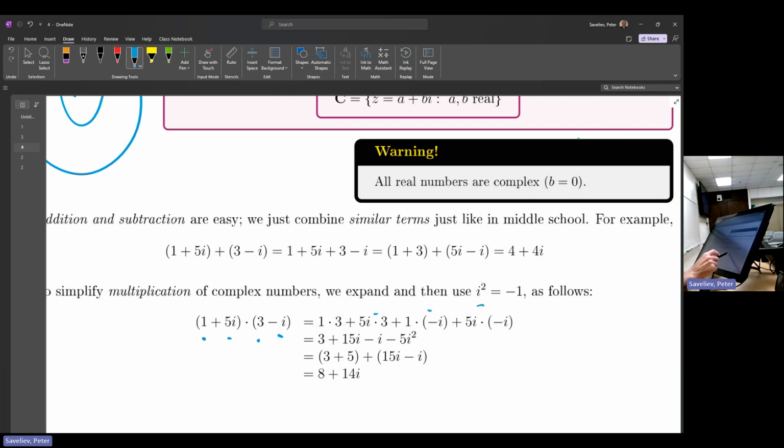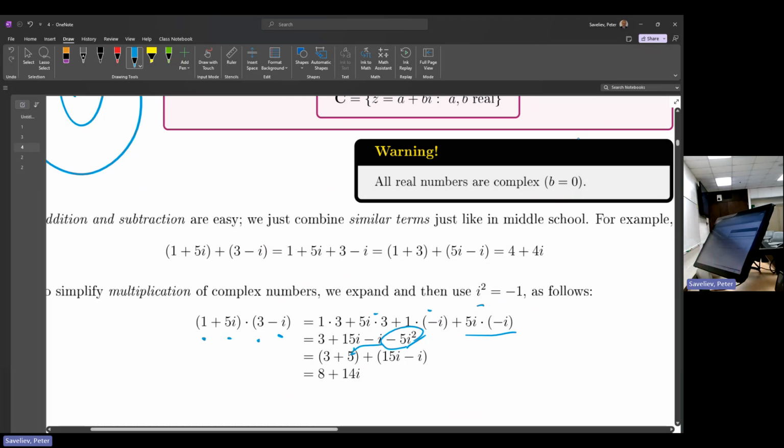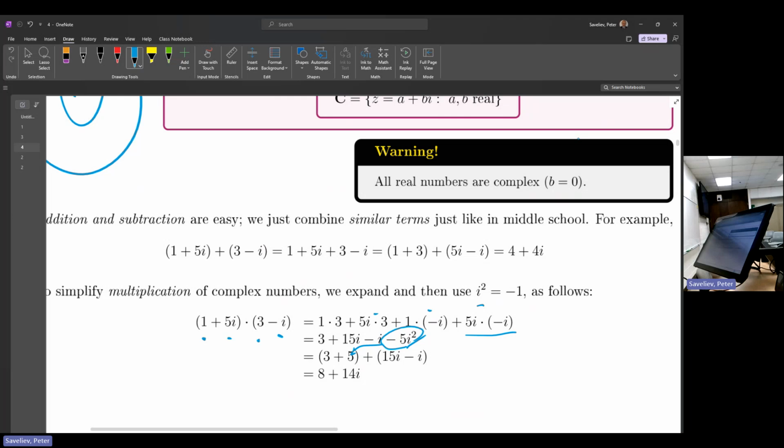But in one of them, the i appears twice, which means that it will become real. So negative 5 i squared, with i squared being negative 1, actually becomes 5 over here. So we end up with 3 plus 5 among the real numbers. Among imaginary numbers, I have 15i minus i, so altogether I have 8 plus 14i.